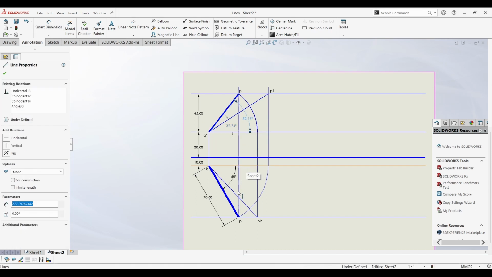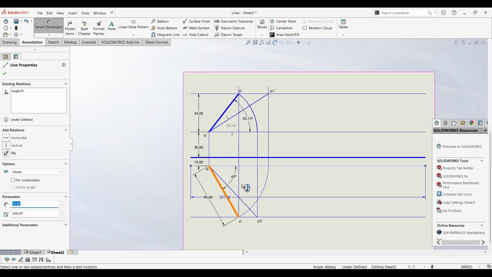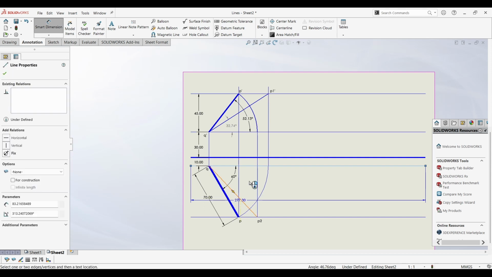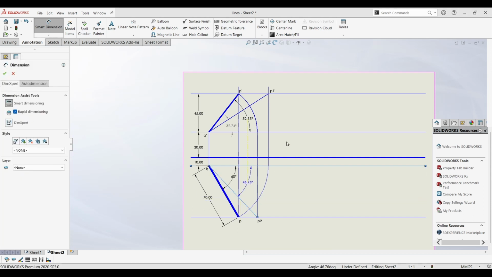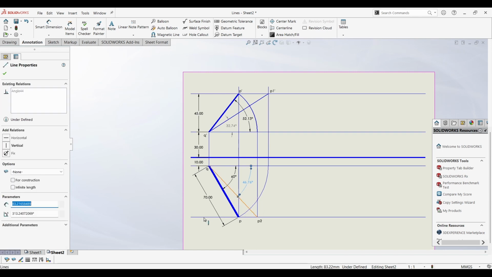And then this dimensioning, this angle, this line and this line. Oh, sorry, not that one. That line and this line. This is 46.76. After doing that, we need to take the length of this line.